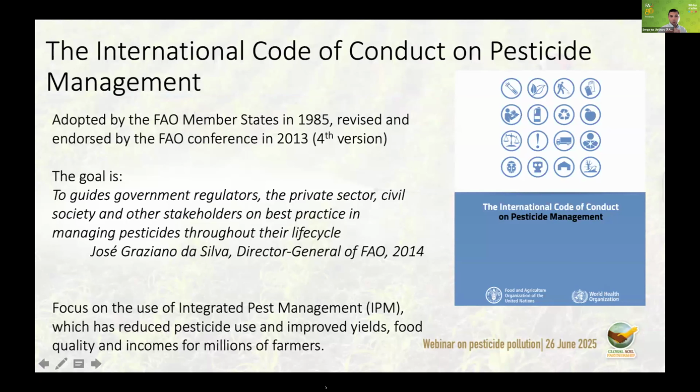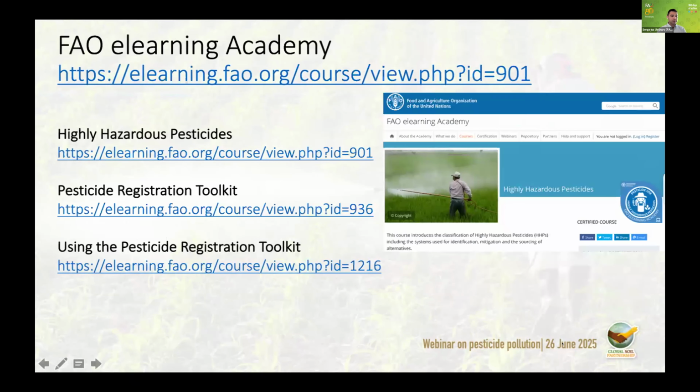It's a very easily readable document, about 30 pages. If you haven't read it, I highly recommend you familiarize yourself with one of these flagship documents that FAO has had since the 80s.